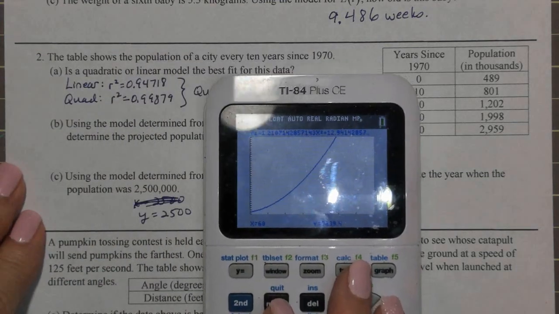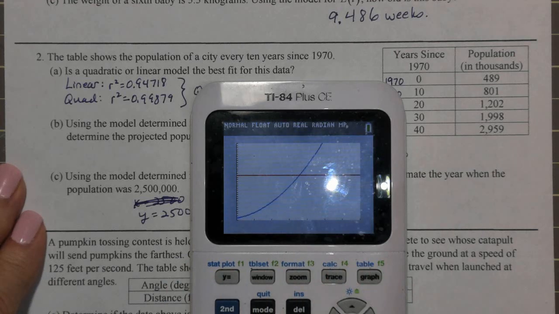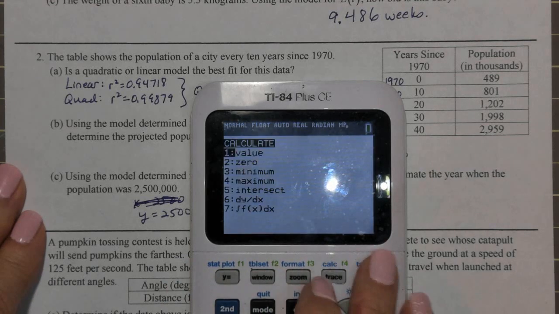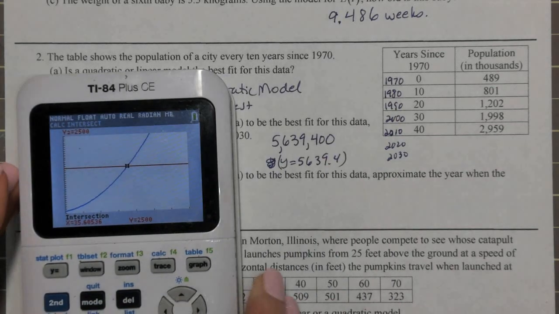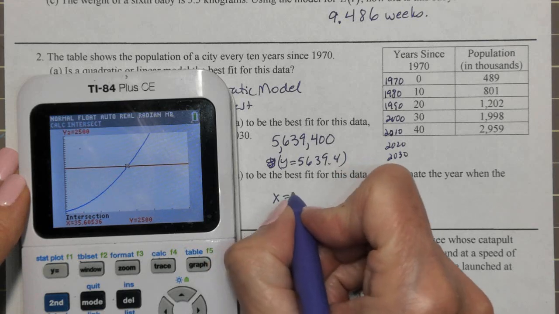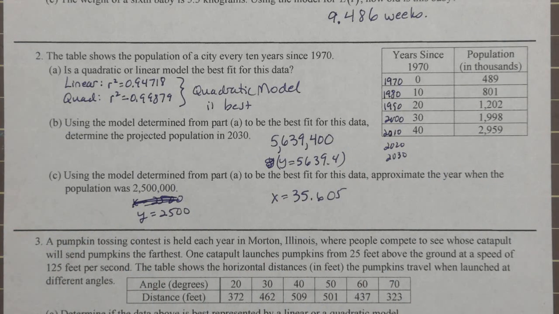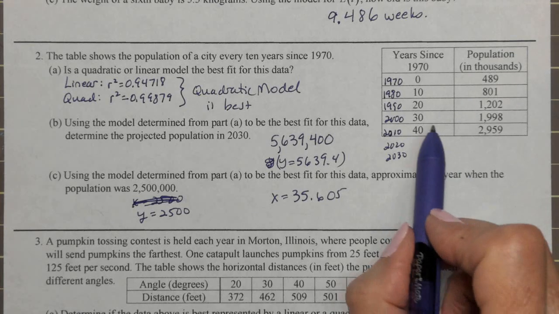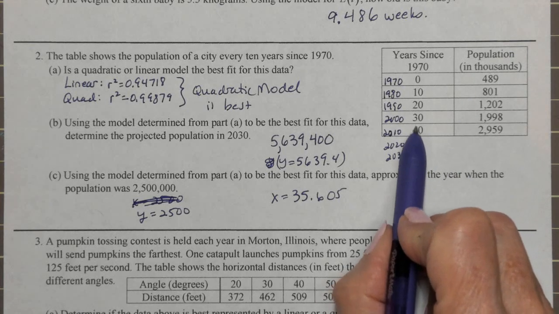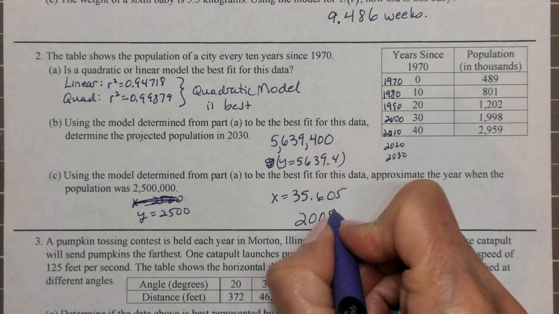So now I'm going to go to my y equals, put 2,500 in for y2, see where they intersect, second calc intersect, enter, enter, enter, and that was when x was 35.605. What year was that? That would be 2005. Yeah?